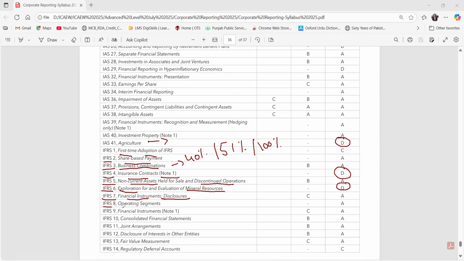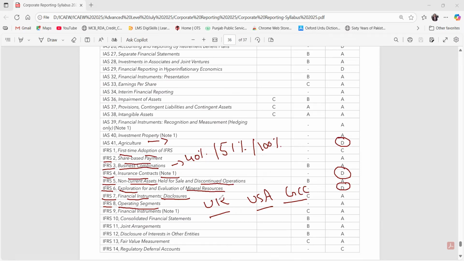IFRS 8, segment reporting, operating segments, basically. Let's say your company is operating in different regions. It is operating in UK, USA, GCC countries. So how you need to disclose and present the results of different regions basically.